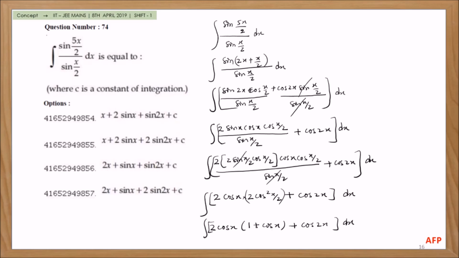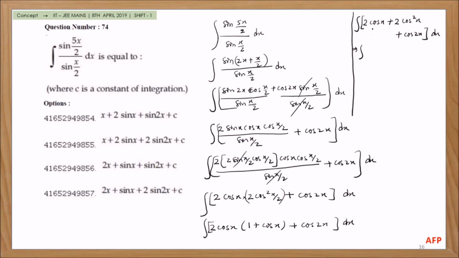When you multiply the 2 inside, we write it here: 2 times cos x plus 2 times cos square x plus cos 2x dx.